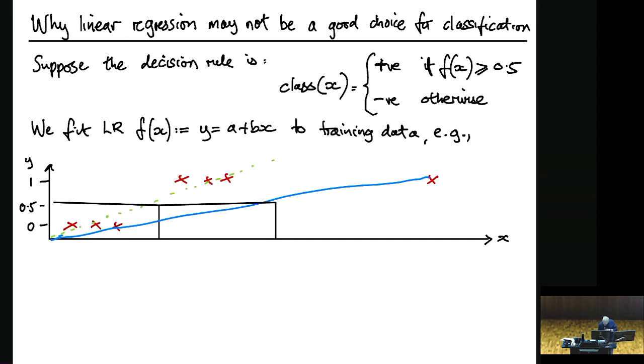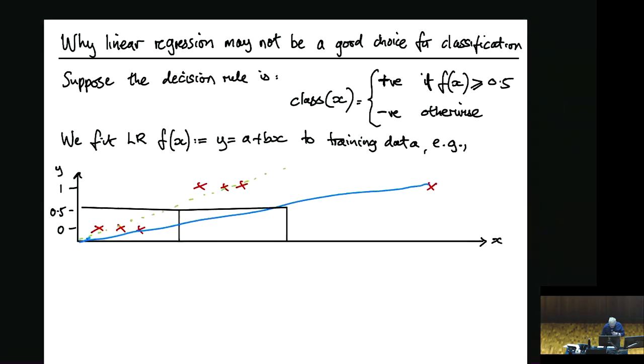Right, so the point is that for these guys here, which were previously classified as positive, they're going to be below the threshold. This guy is going to be correctly classified, but these guys are going to be below the threshold. So it's actually difficult to get a good linear regression model for classification.